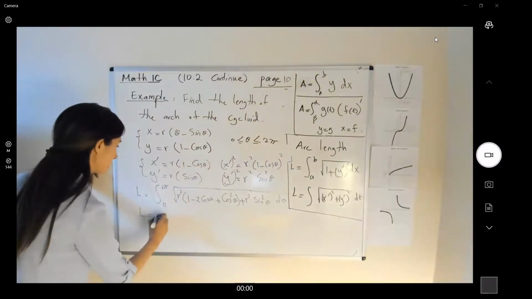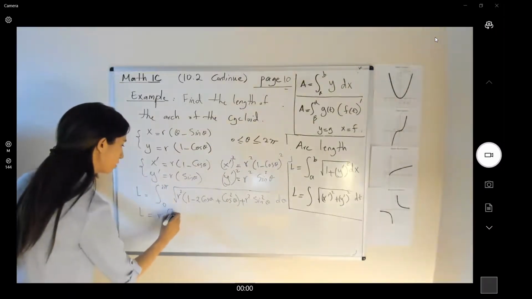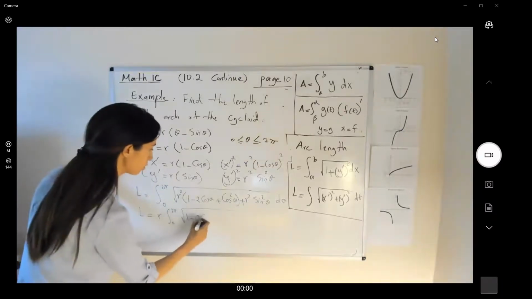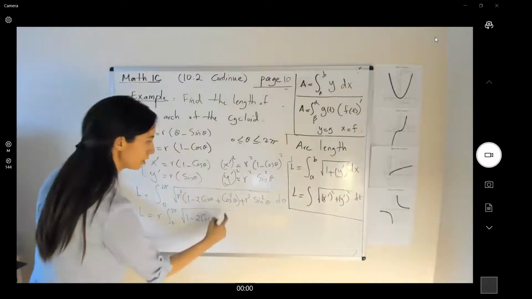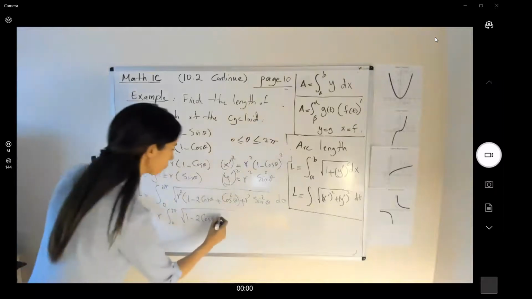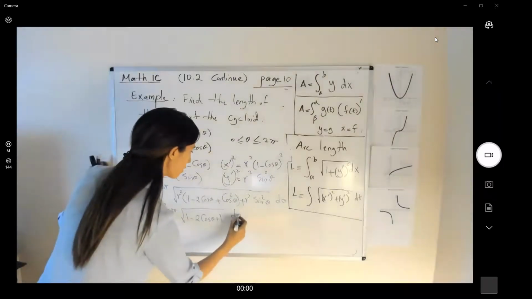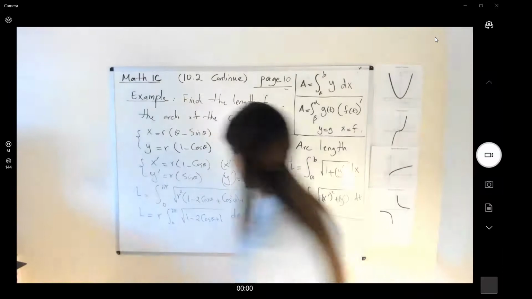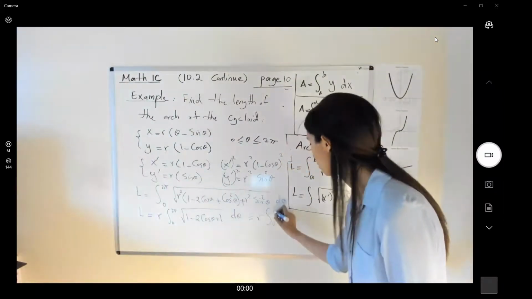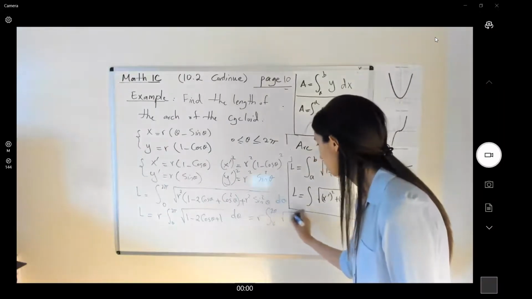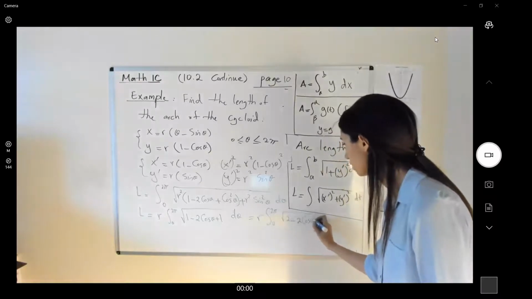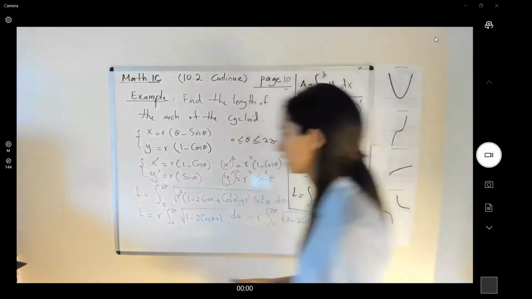So L is r times the integral 0 to 2 pi of the square root of 1 minus 2 cosine theta plus cosine squared plus sine squared, which is equal to 1, d theta. This guy is equal to r times the integral 0 to 2 pi of the square root of 2 minus 2 cosine theta d theta.